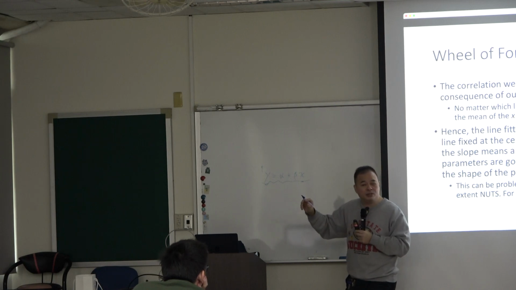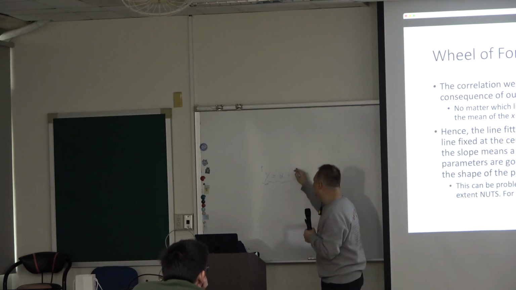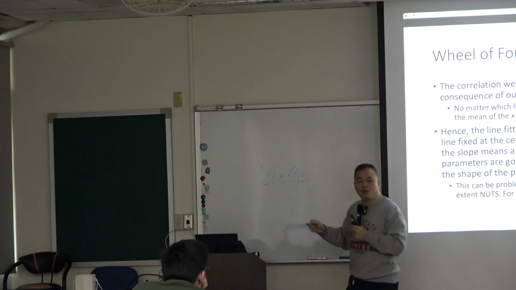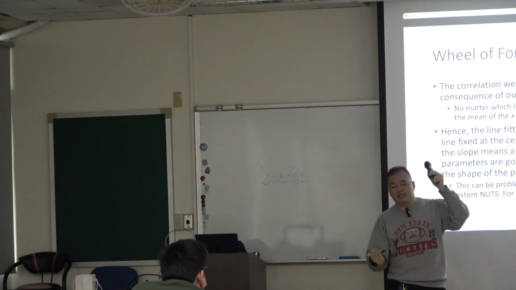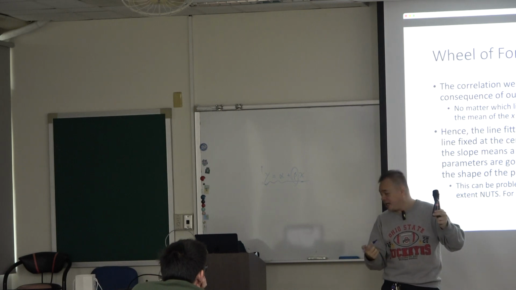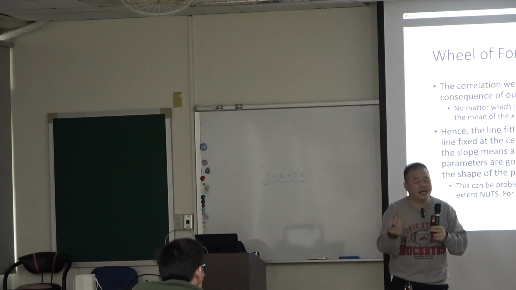When y reduces, x gets reduced too. Well, it depends on the beta, of course. If beta is negative, when y increases, beta x reduces. When y reduces, beta x increases. It depends on the sign of beta.